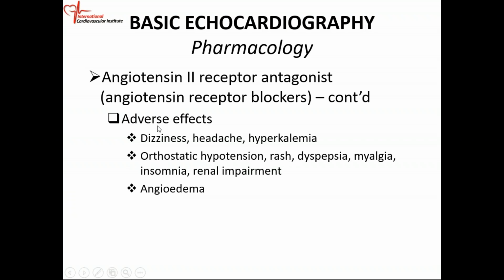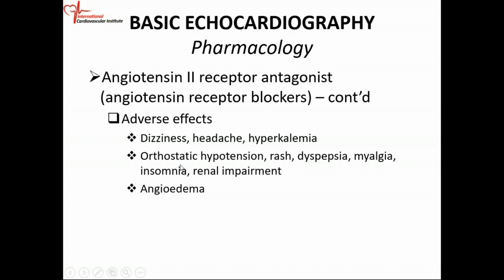All right, some of the adverse effects, the bad stuff that your ARBs can cause: dizziness, headache, hyperkalemia, that is high potassium. So you have to follow the potassium closely.